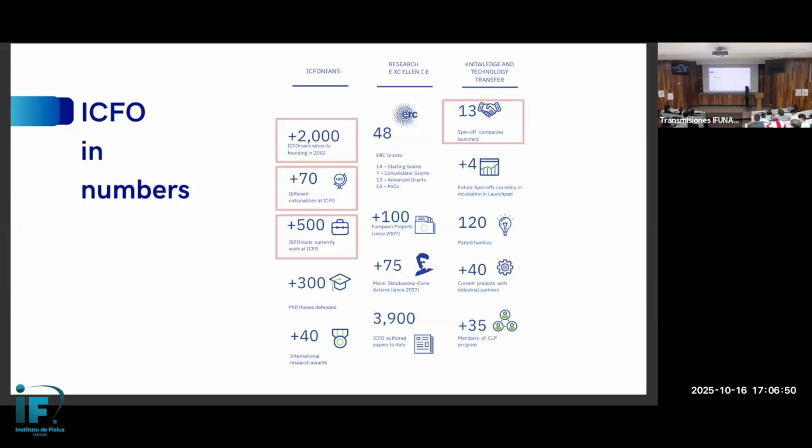Nowadays, around 500 people are working at ICFO. Every year we welcome around 35 PhD students, and perhaps the same number of postdocs, and many more students. And perhaps an interesting piece of data is that since its foundation, 13 spin-offs have been created at ICFO.